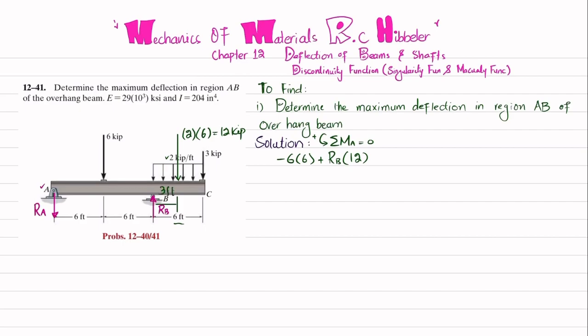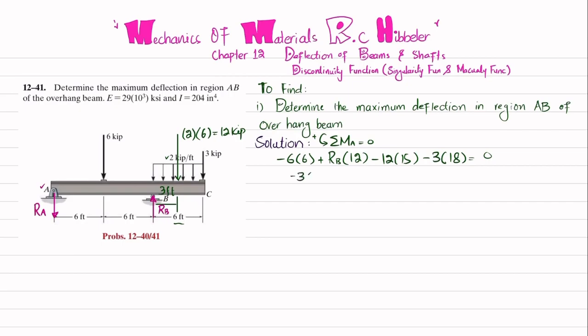This force has a perpendicular distance of 12 plus 3, which is 15, and it is producing clockwise moment, so it is negative. So I will write minus 12 times 15. The last moment is produced by the 3 kip force times the perpendicular distance of 18, which is also clockwise, so negative. So I will write minus 3 times 18 equal to 0.